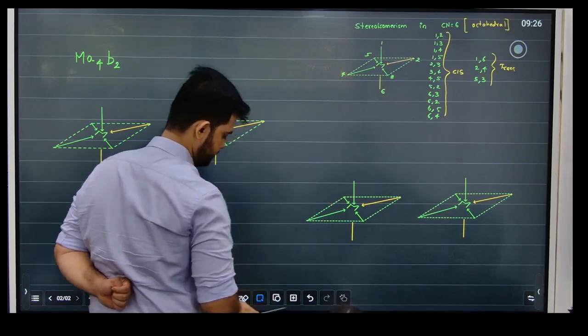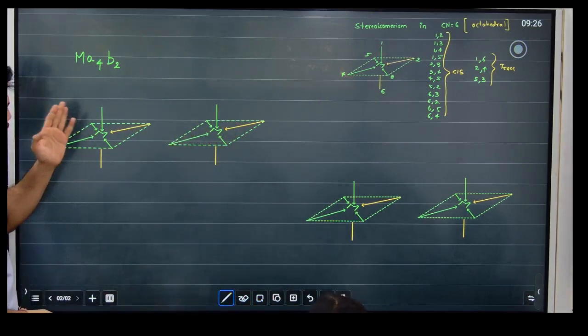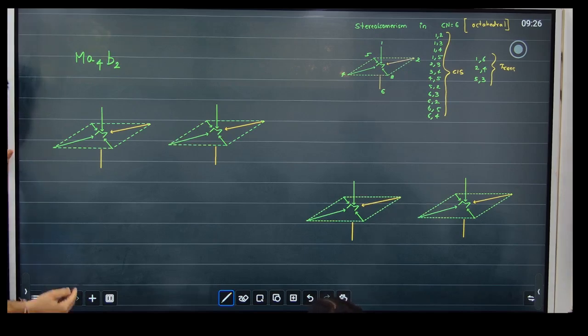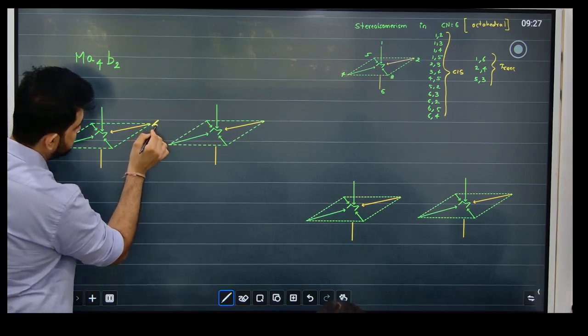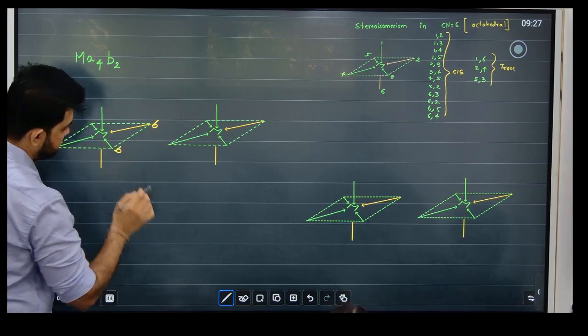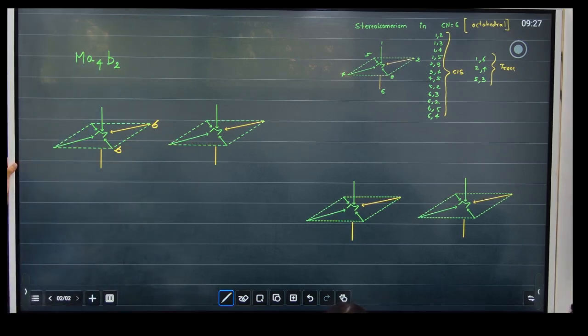So over here, I want to put B in cis configuration. Where will I place them? I can place 1 and 2, 1 and 3, 1 and 4, 1 and 5, anywhere, right? But to keep it simple I'll place it here. BB cis.